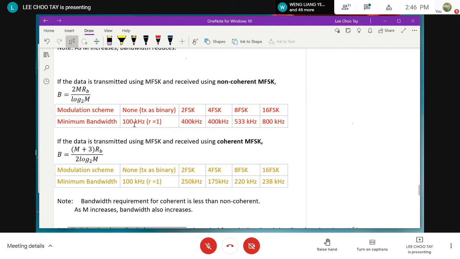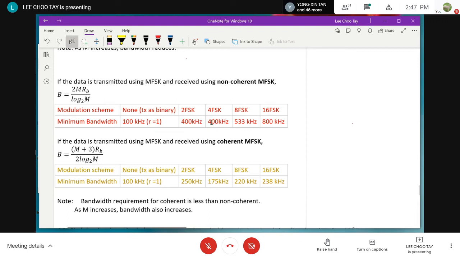Compared to baseband, where I transmit with raised cosine pulses, R equals 1, I need 100 kilohertz. But once I modulate, I need 400 kilohertz. This is for 2PSK. For 2FSK, sorry, using the same equation, it also suggests you need 400 kilohertz.